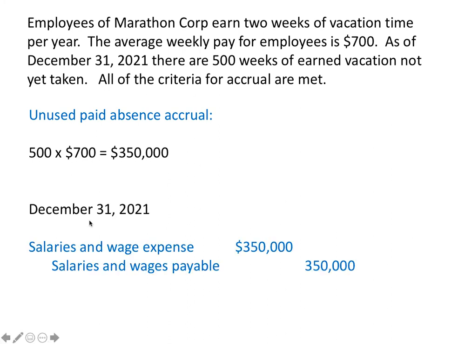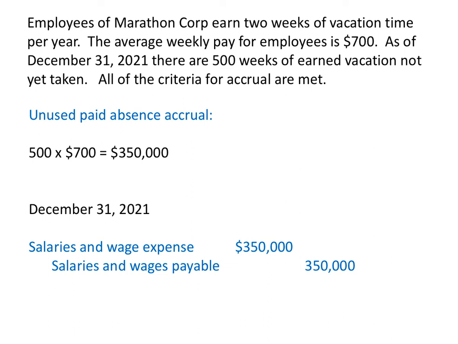At the end of the year, that $350,000 has to be accrued as an expense. We are following the matching principle here that says we match an expense to the time period when it has been incurred. So those employees have earned that vacation time in 2021, but they haven't used it yet.